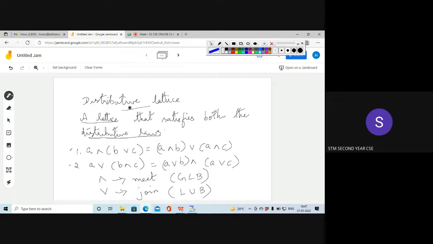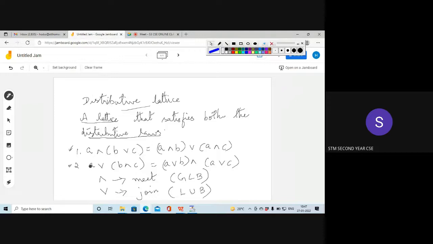So the definition goes like this: a lattice that satisfies both the distributive laws is called a distributive lattice. If you are asked to define a distributive lattice, you have to write the definition and these two distributive laws.